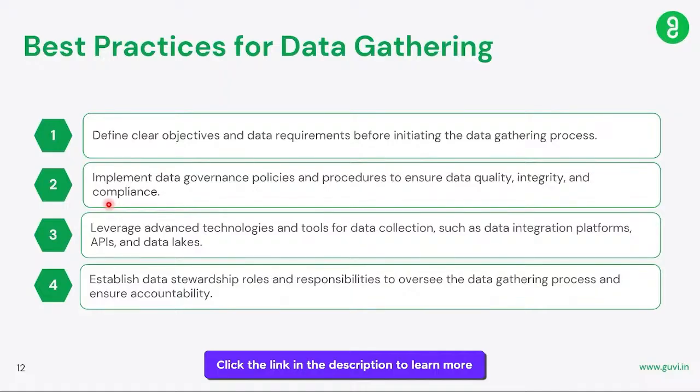Organizations should implement robust data governance policies and procedures to govern the data gathering process effectively, defining the data standards, establishing the data quality metrics, and enforcing data management policies to maintain data integrity and compliance with regulatory requirements. By prioritizing data governance, organizations can mitigate risks associated with poor quality and ensure the reliability of the analysis results.